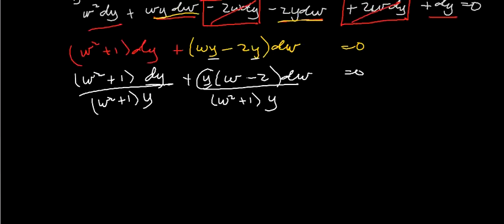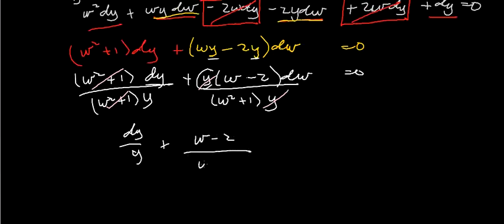We can cancel this out, leaving us with dy over y plus (w - 2) all over (w squared + 1) dw is equal to 0.